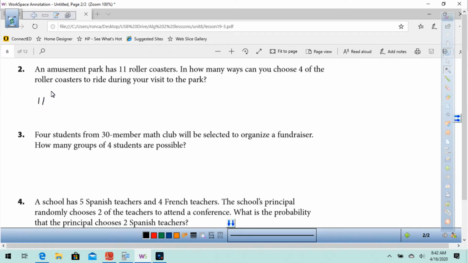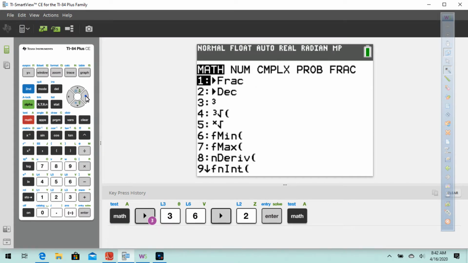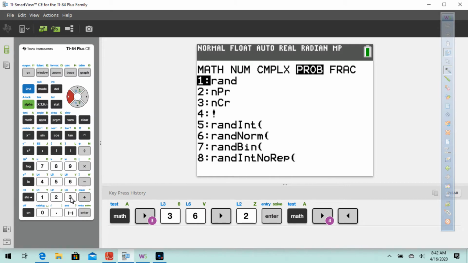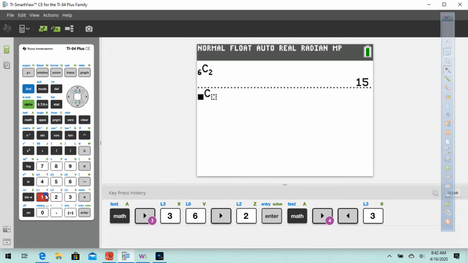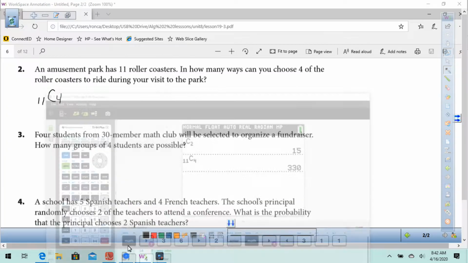So we're going to do 11 choose 4. We'll go over here to the Inspire this time, and we got math, go over to probability, choose 3, and we got 11 choose 4, and that's 330.